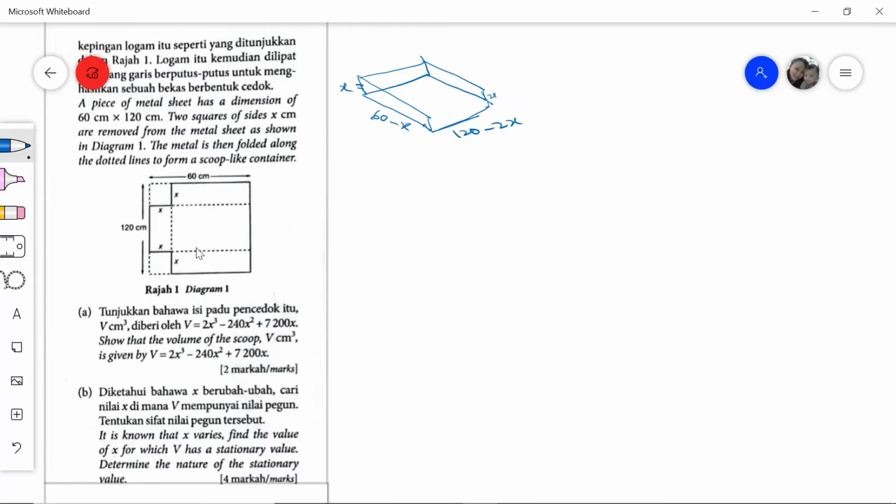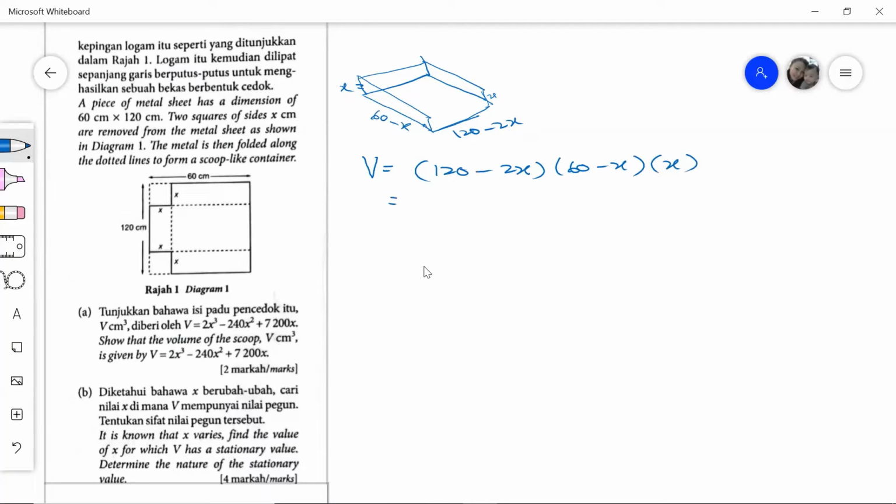So we need to show that the volume of the scoop is given by the function given there. How do we find volume in the first place? The volume of the container will be the length times the width times the height. So we have 120 minus 2x, multiplied with 60 minus x, and multiplied with the height x.